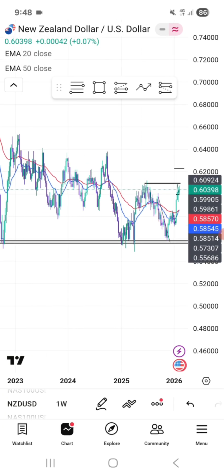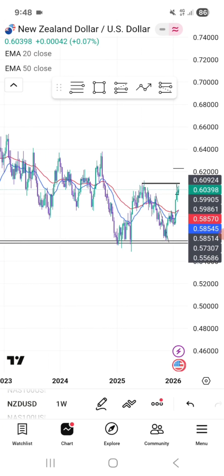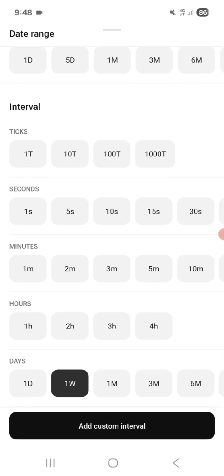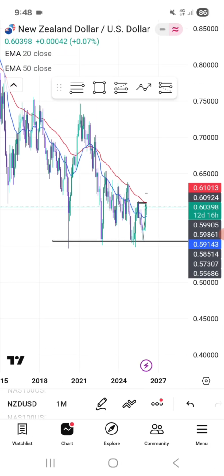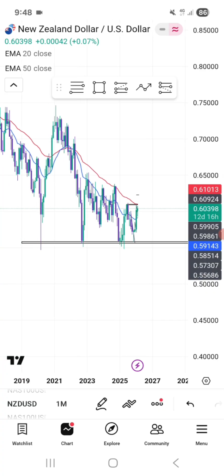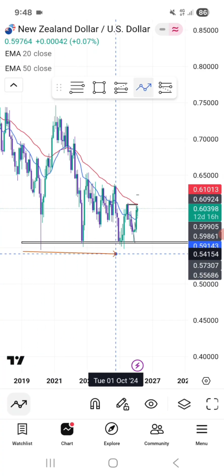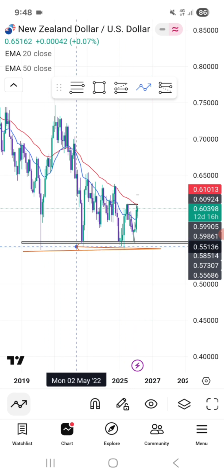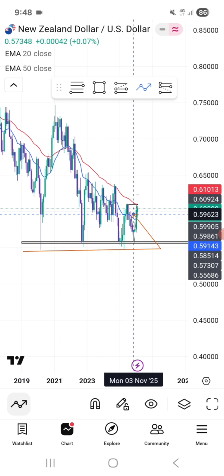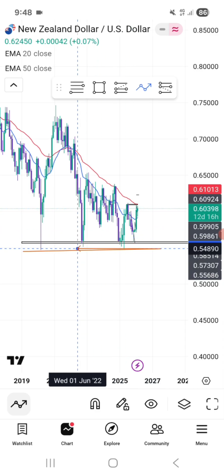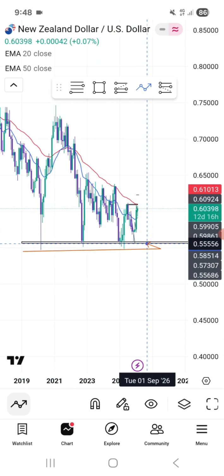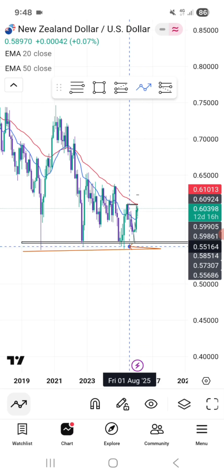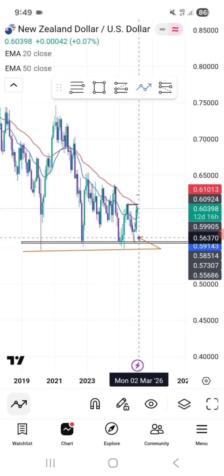Hold on, just let me take a look from the higher time frame, from the monthly. So what we can see here is price having a strong support, and what price did is, whenever price came into this area on the monthly time frame, it has a tendency to bounce back into buys.